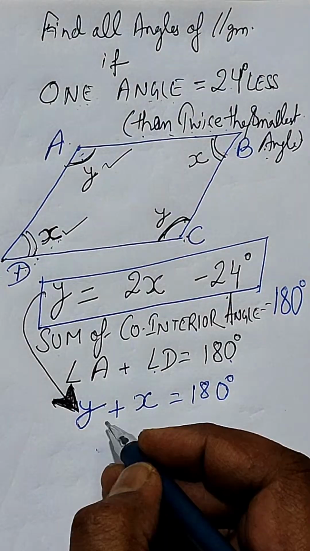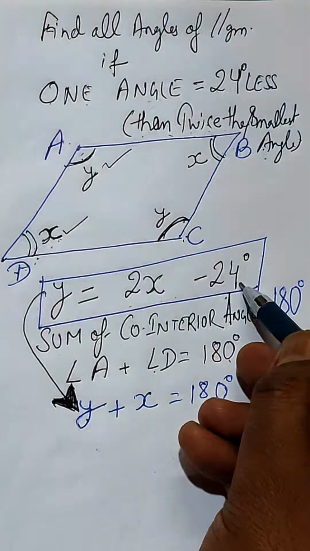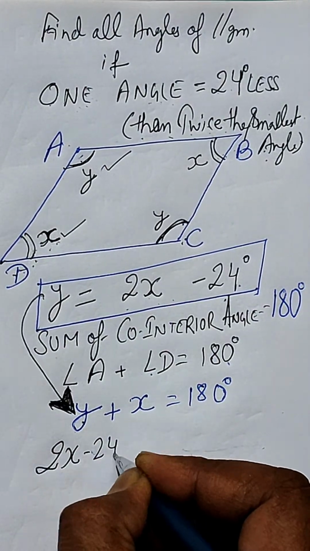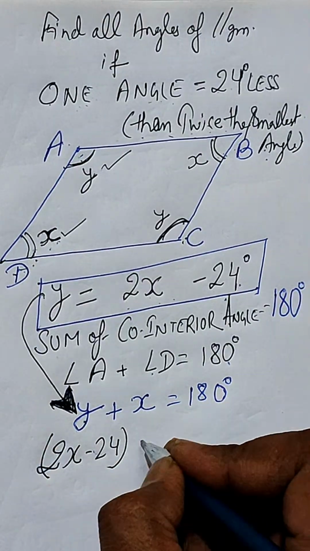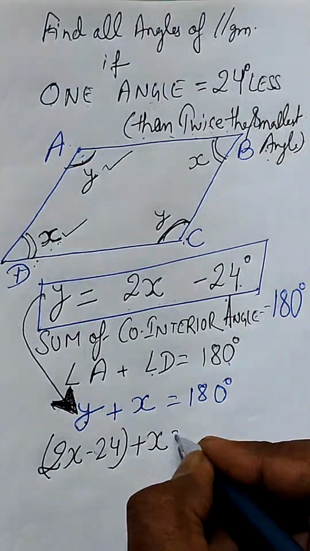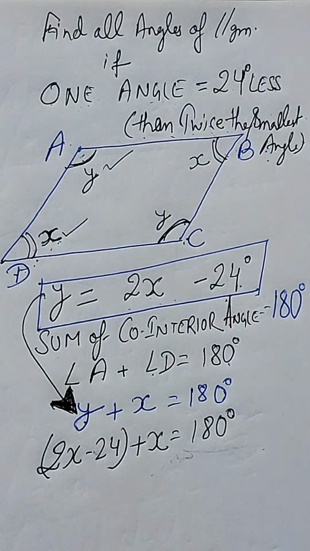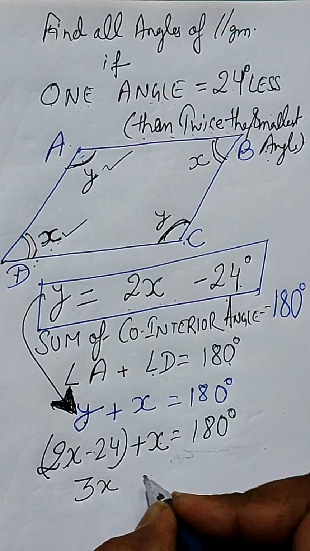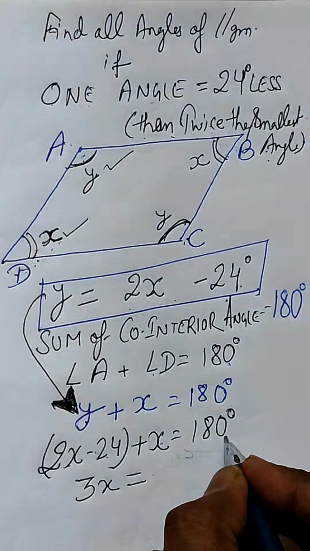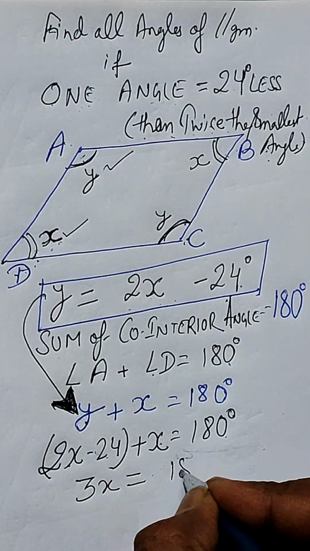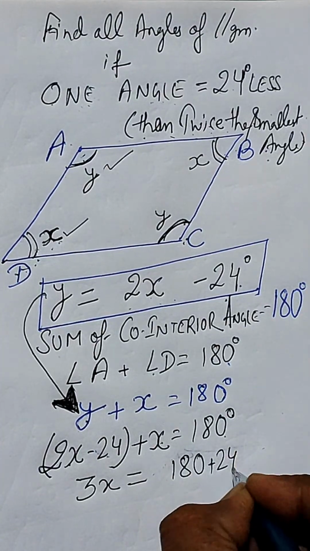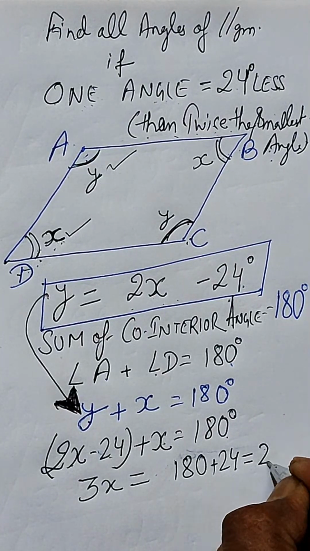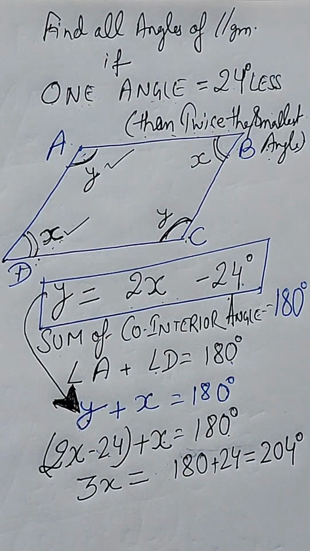Okay. Then in place of y, put 2x minus 24. So we can write it as 2x minus 24, that is the value of y, plus x equals 180 degrees, right? Then 2x plus x will add up to 3x, and when 24 goes to the RHS, you will get 180 plus 24, so that is equal to 204 degrees on the RHS.